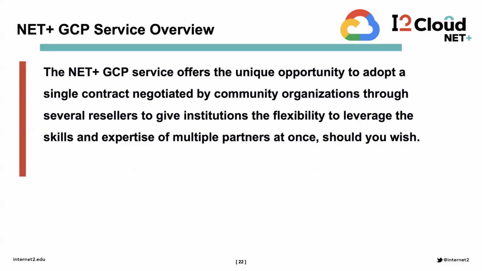All right. So a quick overview about the Net plus GCP service. One thing that's really unique about this is that there is a single negotiated agreement that provides flexibility through multiple resellers. And so you can work with a single partner or multiple partners. It's all the same contract.